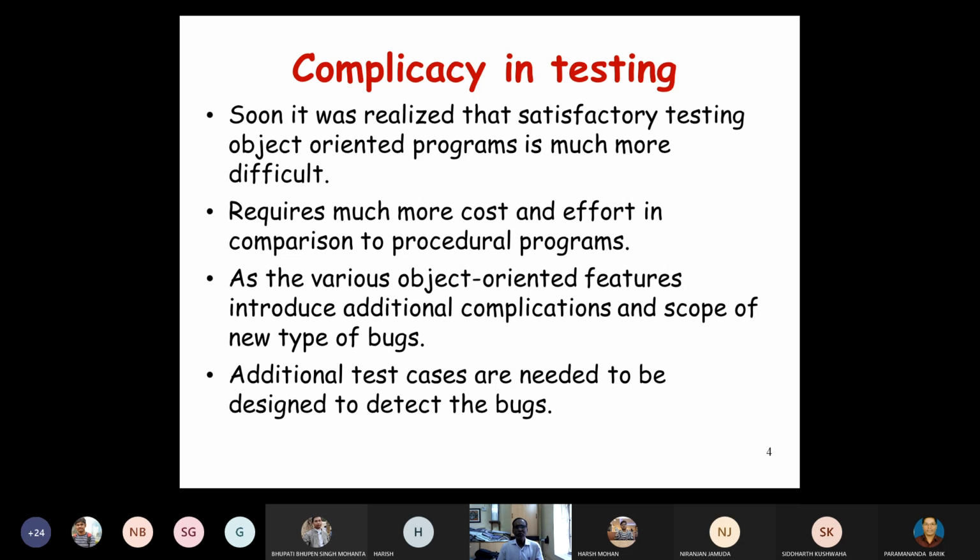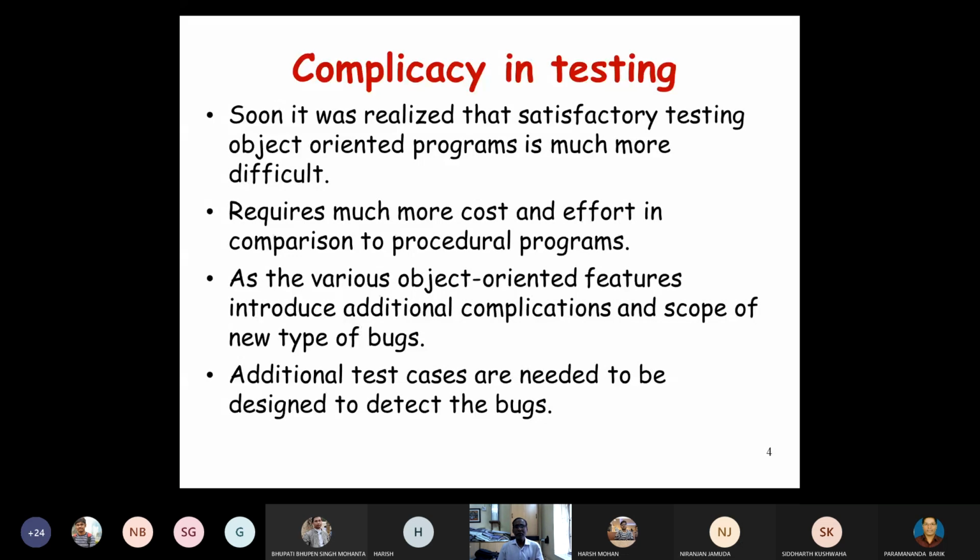It is only due to the additional complications and the scope of new types of bugs, because object-oriented programs have special features such as inheritance, polymorphism, encapsulation, dynamic binding, etc. The presence of these features introduces additional complications and difficulties in testing.